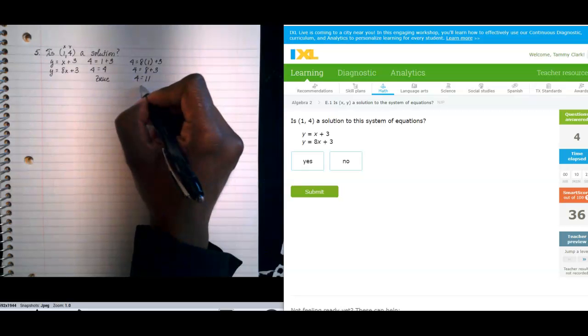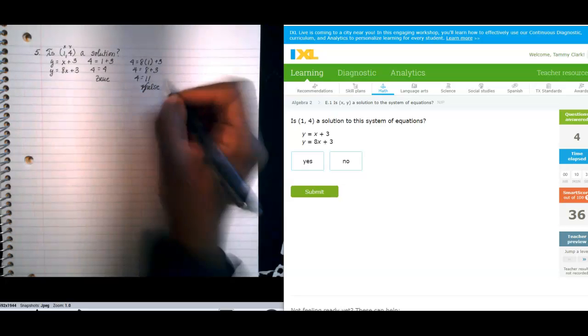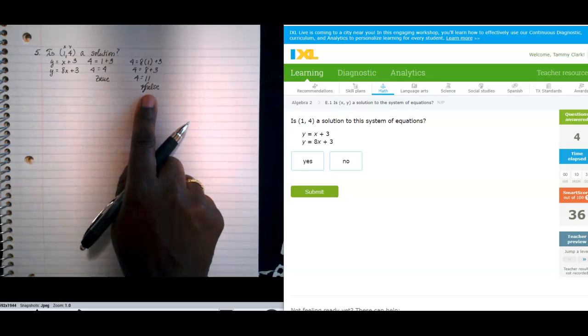Well, obviously that's not true, so we're going to say this is false. Now here's what you need to remember. If one answer is true and one answer is false, they cannot lie on the same line. So is ordered pair (1, 4) a solution to the system? No, it isn't.